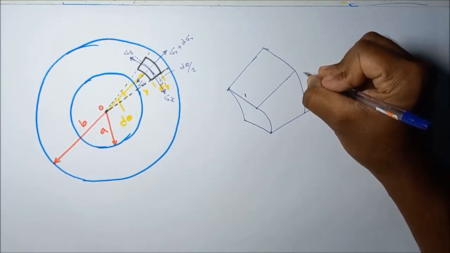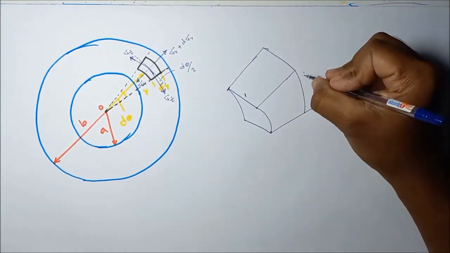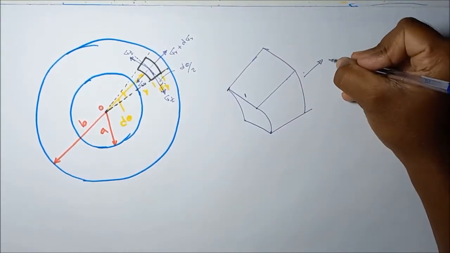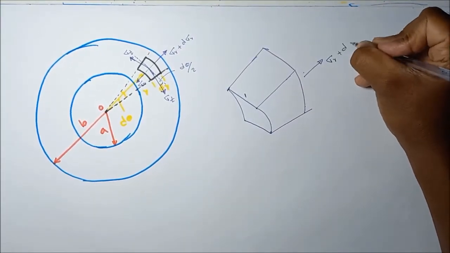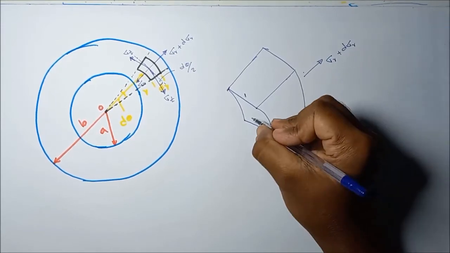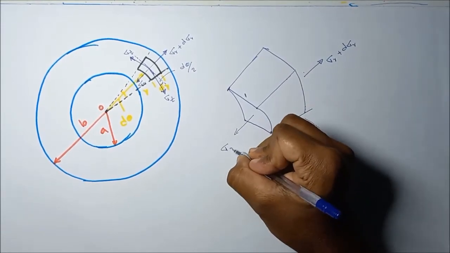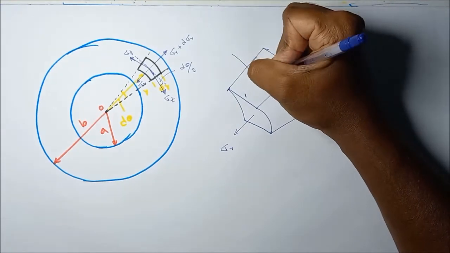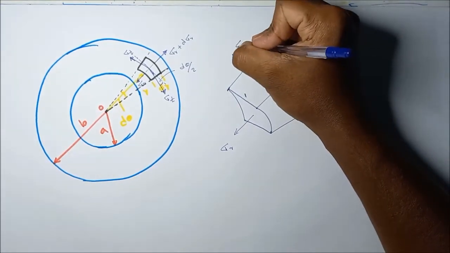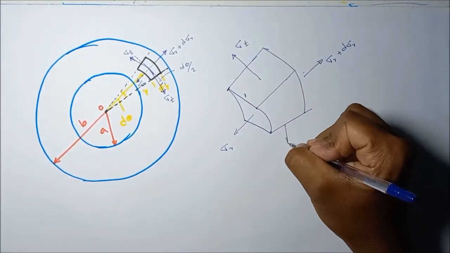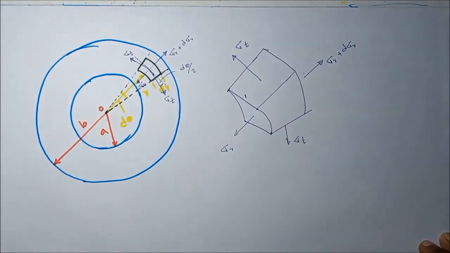On this plane, what is the stress acting? Sigma r plus d sigma r. On this plane, the sigma r stress is acting. On this plane, what is the stress acting? The sigma t. On this plane, the sigma t stress is acting.